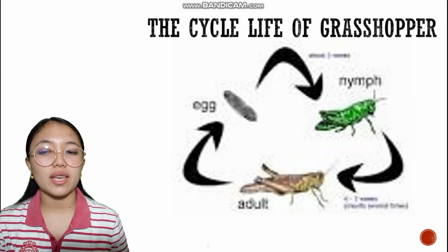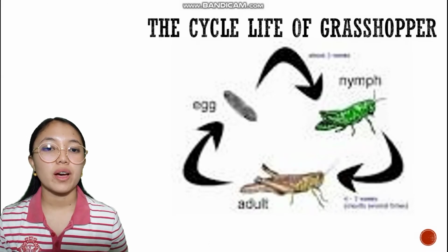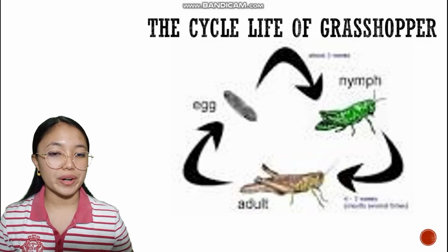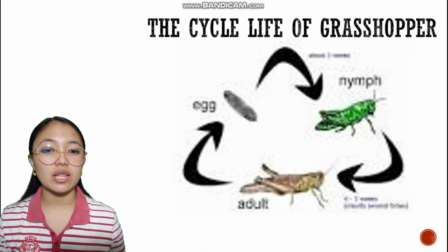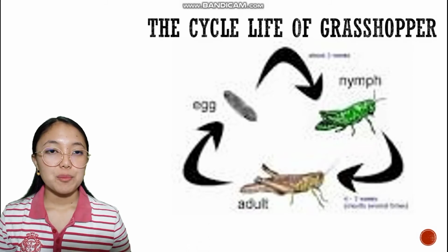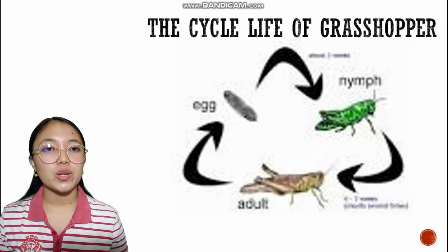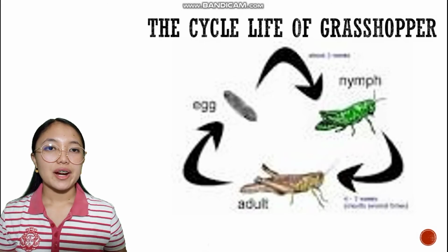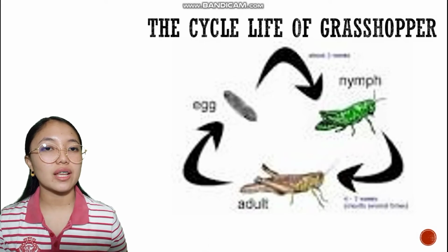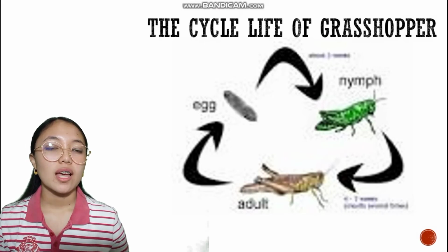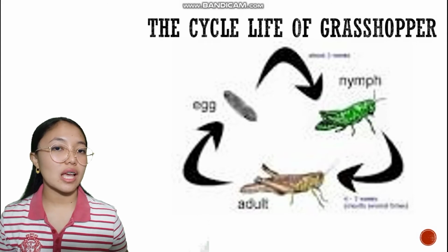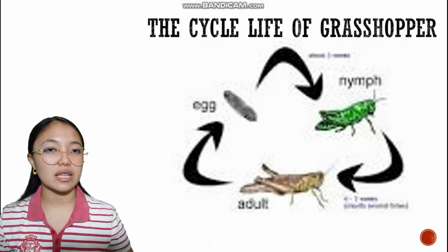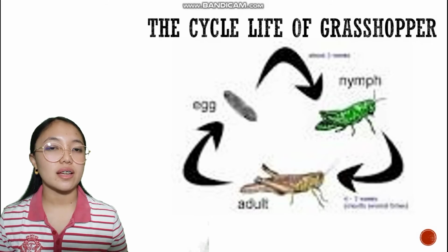The next topic is the cycle life of grasshopper. It also includes the picture to make you easier in making explanation text. Remember that after you finish your work, remember to send your results through the email.